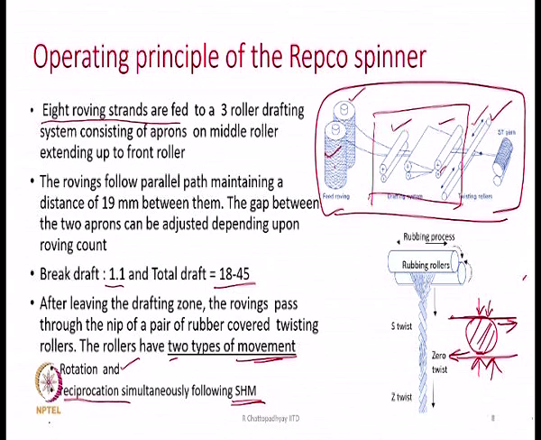So, the roving is getting twisted. When the roller is moving in one direction, it is getting twisted in one direction, maybe clockwise, generating S twist or Z twist, whatever it is, and when it oscillates in the other direction, then it will generate reverse twist.